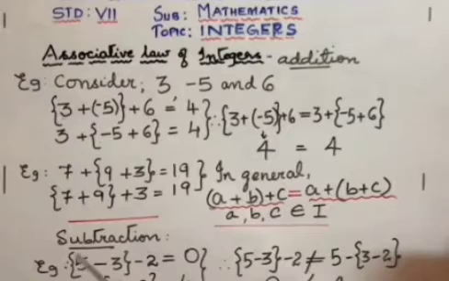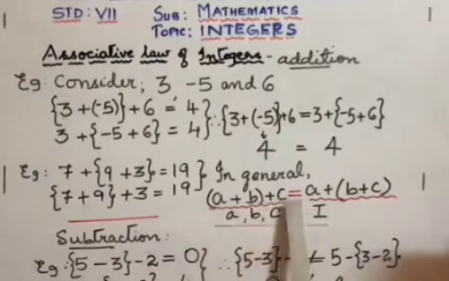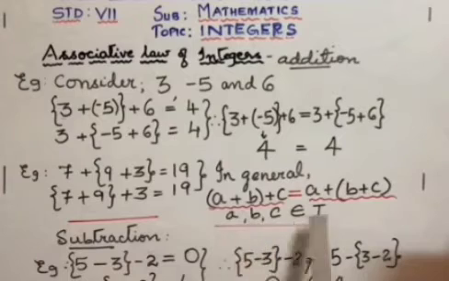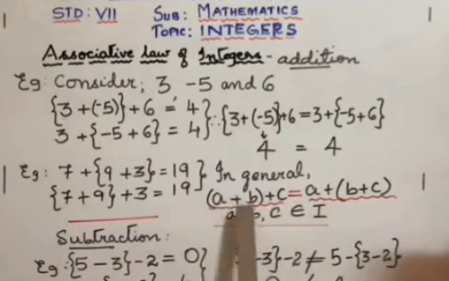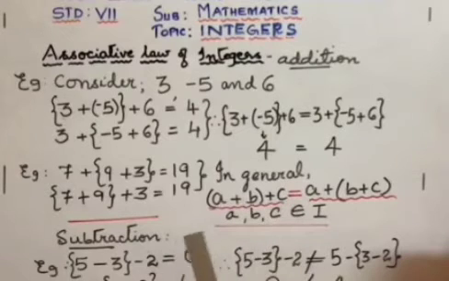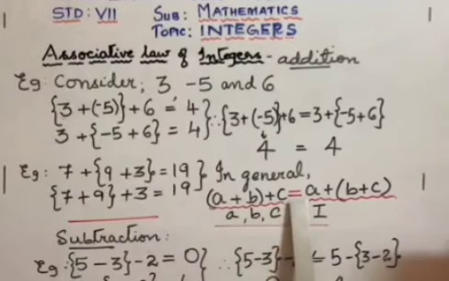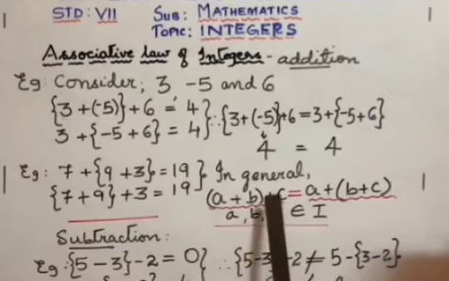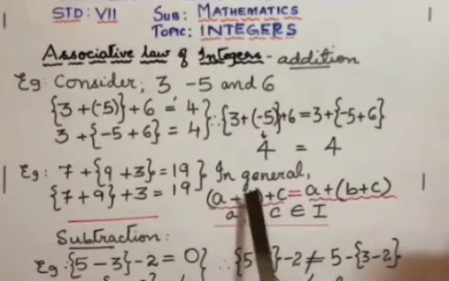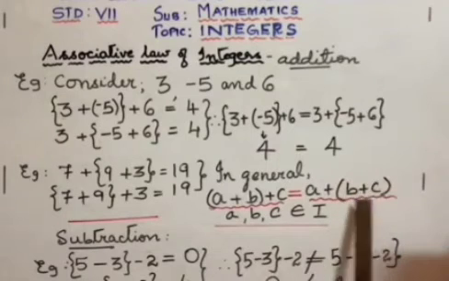In general, let us sum it up. Suppose we have a, b and c belonging to the set of integers. Okay? Then (a + b) + c is the same as a + (b + c). Again you can see, first I have grouped a plus b. On the right hand side I have grouped b plus c.